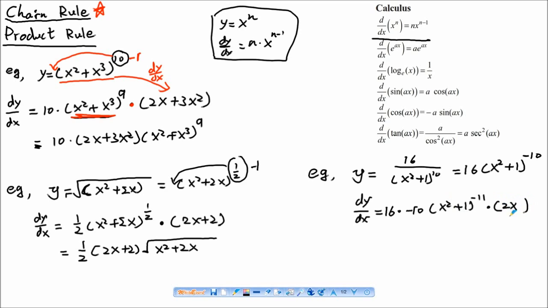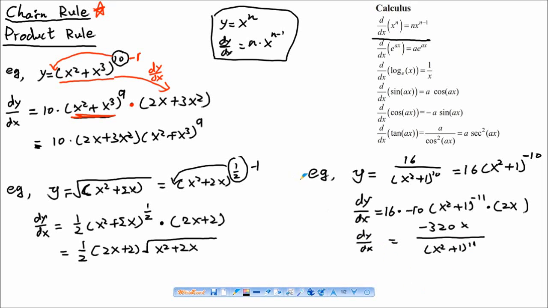I can rewrite it. I would have minus 320x on bracket x squared plus 1 power of 11.